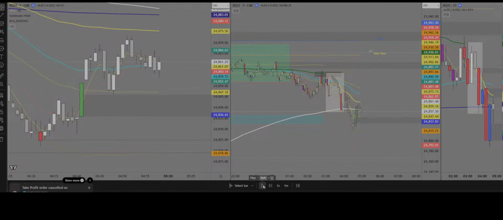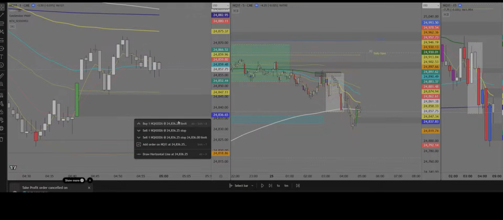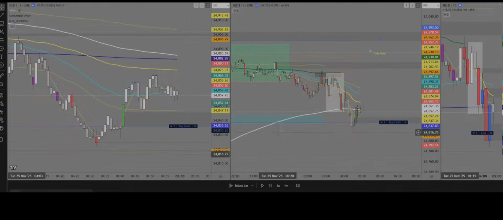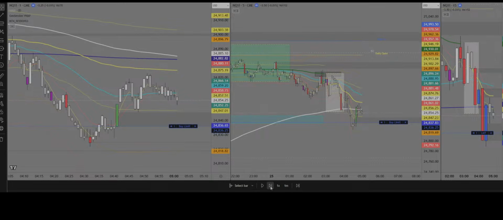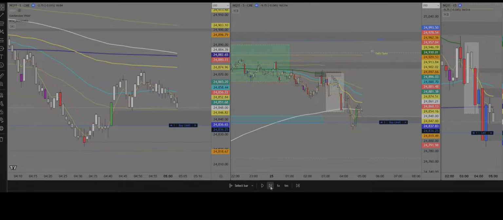Ha! Figures. Let's see if it'll actually come down here. Right. This is kind of a flat bottom wick, actually. This might be sketchy. Okay, so it's pushing.